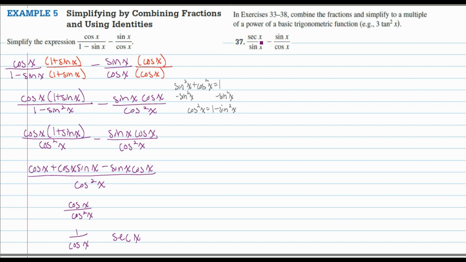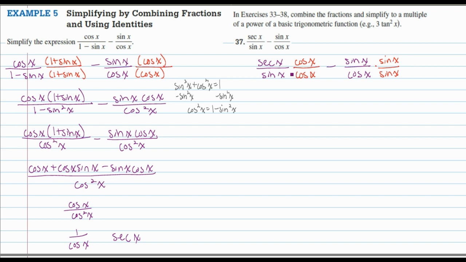I could change everything to sines and cosines, but instead I'm just going to give it a common denominator and see where that goes this time. Let's see, secant of x over sine of x. That needs a cosine of x in both the numerator and denominator, minus sine of x over cosine of x. This one needs a sine of x in both the numerator and denominator.